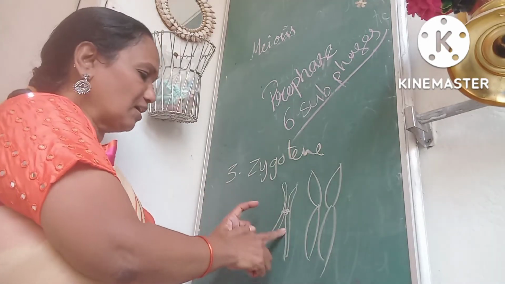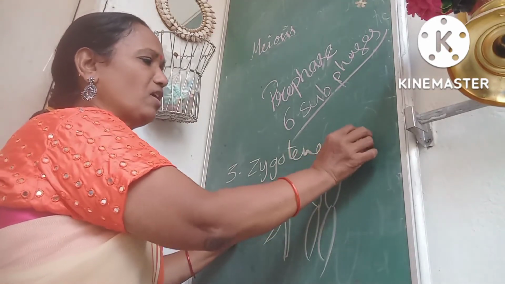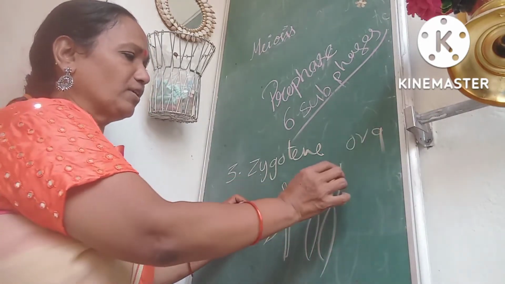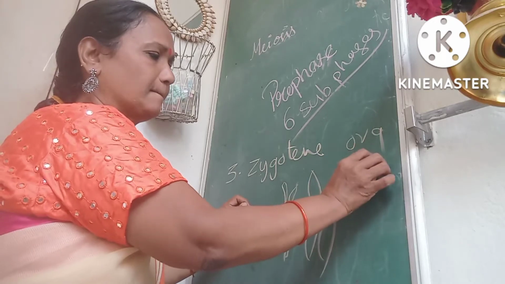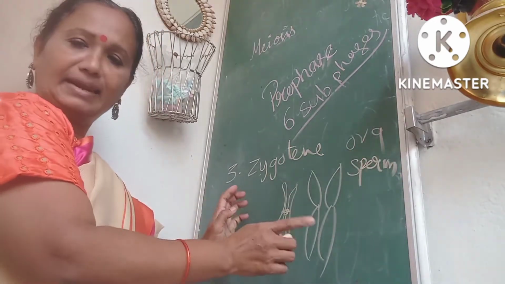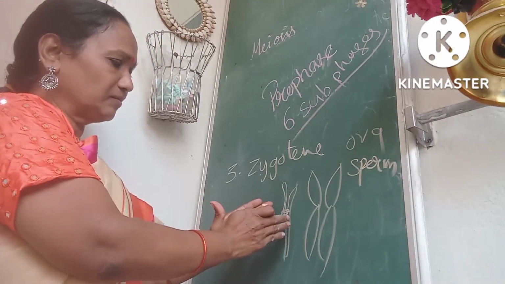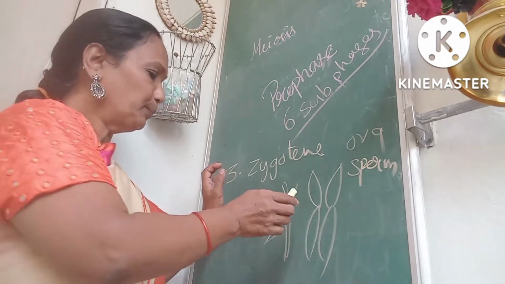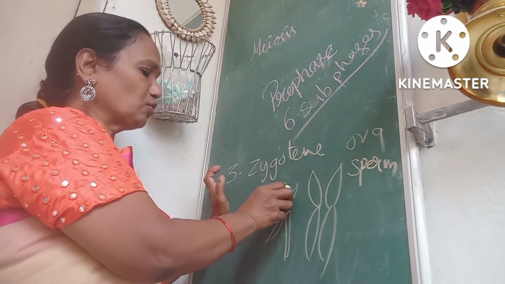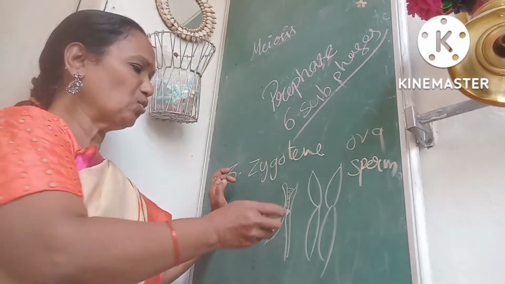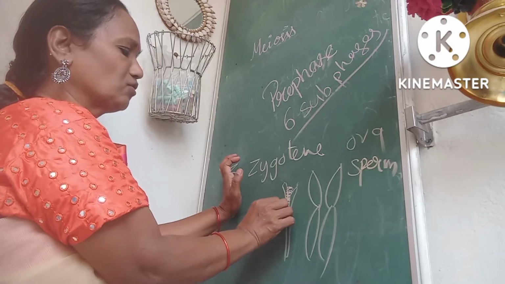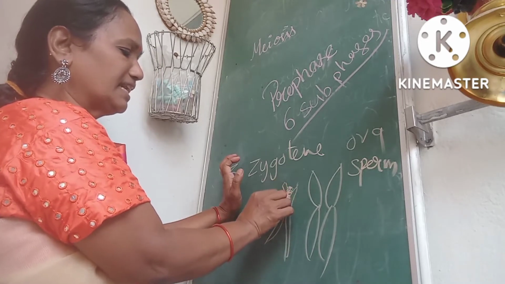Homologous chromosomes, one coming from the mother's ovum and another from the sperm, attract each other, and pairing starts. The pairing of the homologous chromosomes is known as synapsis.